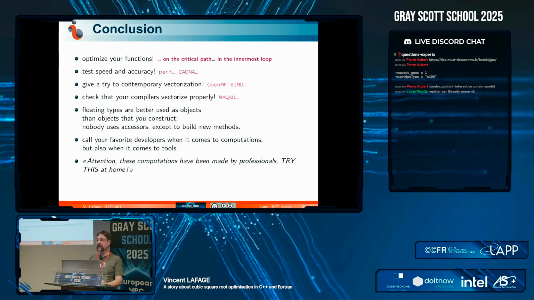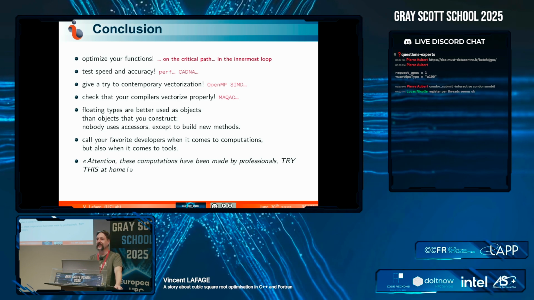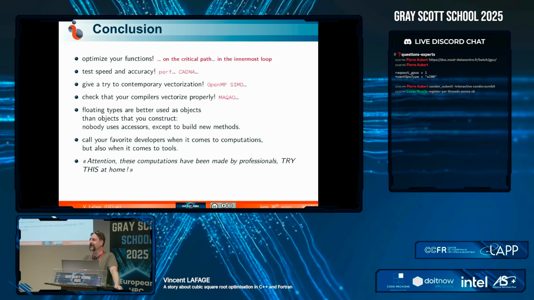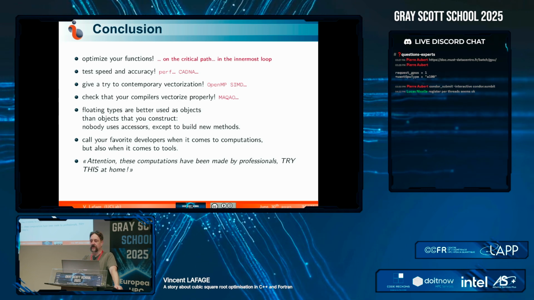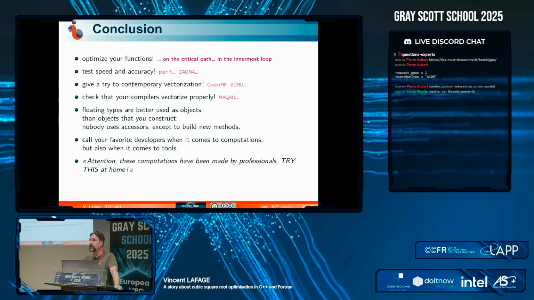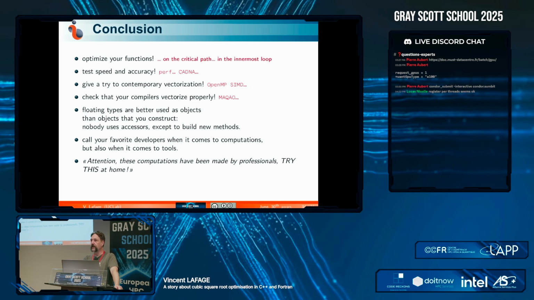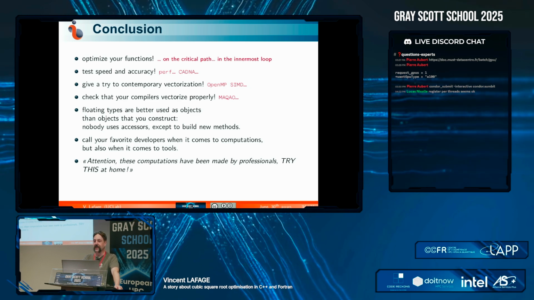As a conclusion, we should not only optimize matrix product. The libraries are here, and people have done this work for us for a long time, but you have a lot of dedicated functions in your field that await you to bravely vectorize them.